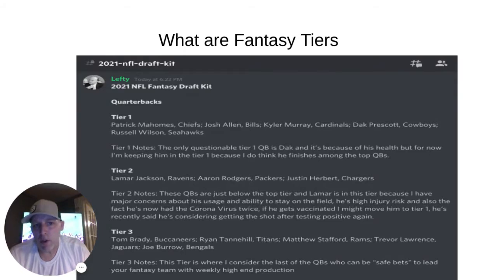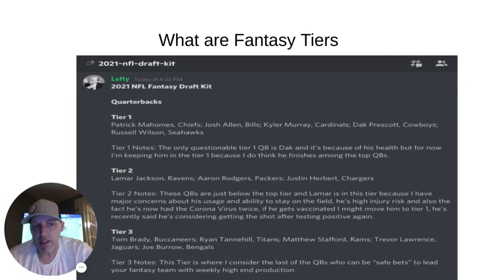Now, for example, this year, 2020 season, there are three clear top three tight ends: Travis Kelce, Darren Waller, and George Kittle. All of these players project pretty similar, but after those three are off the draft board, the drop-off from those three to the next best available tight ends is significant. So we can use the average draft position sheet to see the actual gap in average draft position.